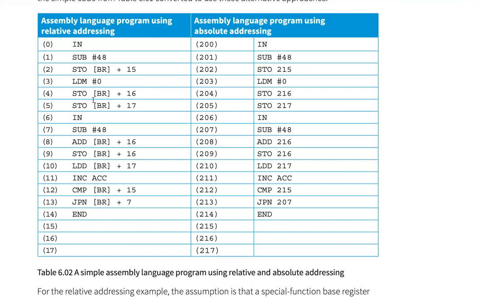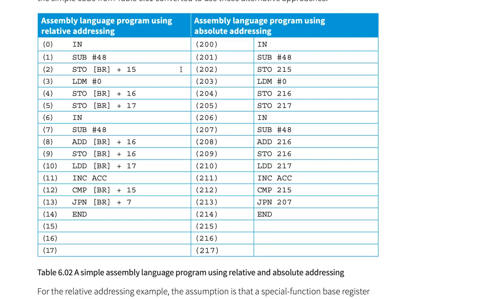So what basically it means is that if I want to go to say 215, I will assume that my instruction is starting at address number something something, and instead of saying 215, I'm going to say the address location that is 15 places from the contents pointed to by my base register.